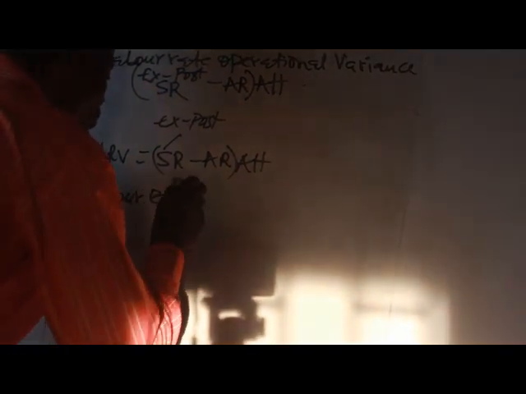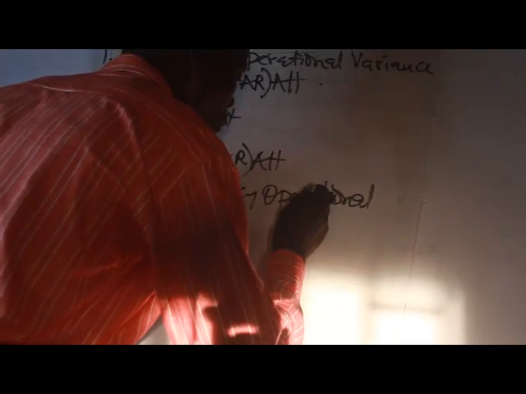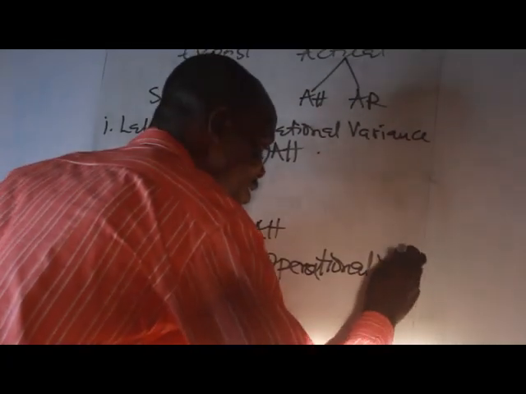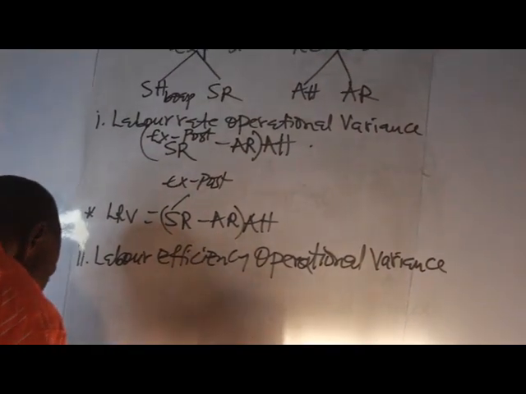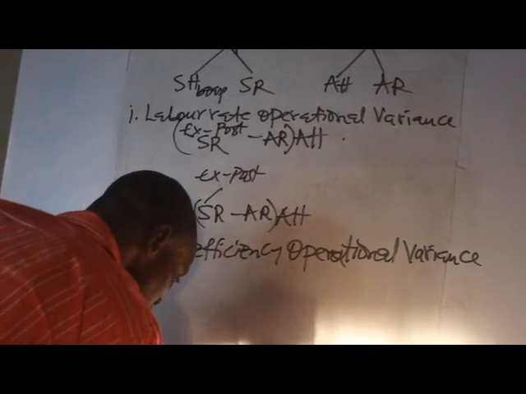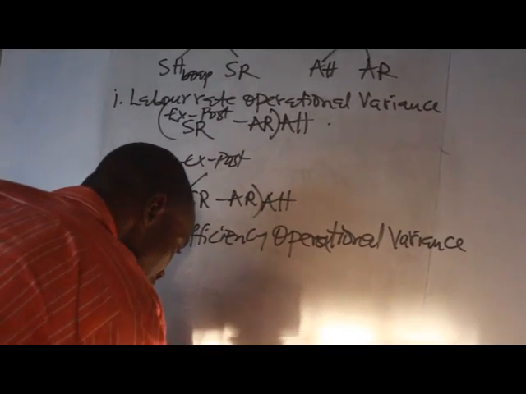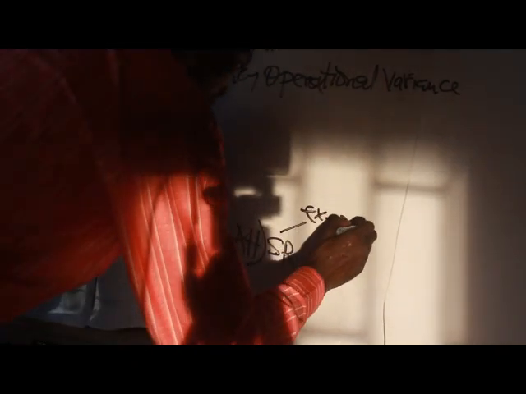Number 2, we have labor efficiency operational variance. We've examined labor efficiency variance under the basic variance. We said it's standard hour based on actual production minus actual hours worked multiplied by standard rate. So the standard here becomes ex post standard hour based on actual production, and the standard rate becomes ex post standard rate.